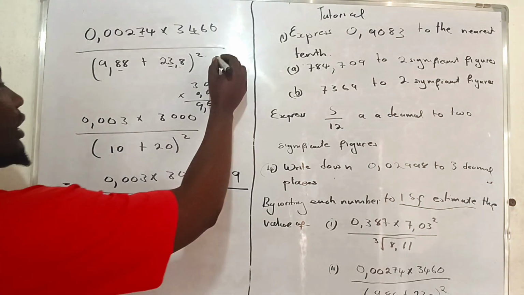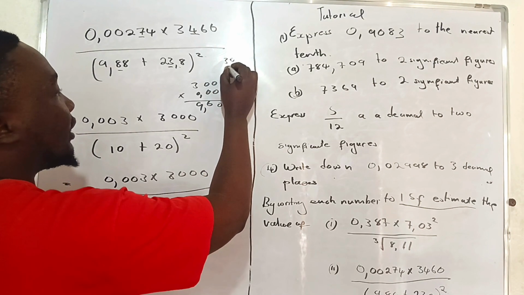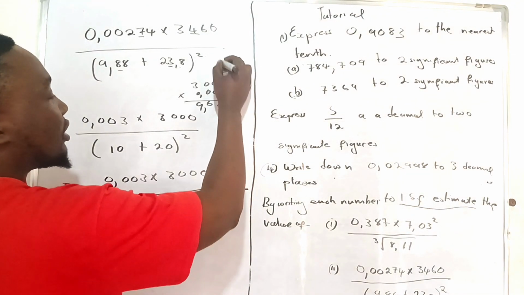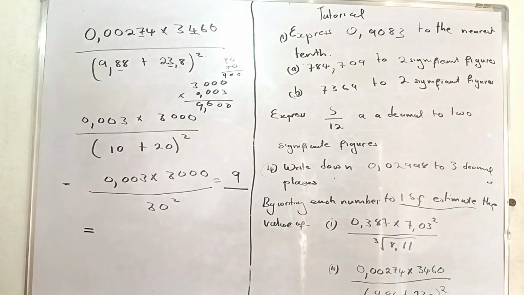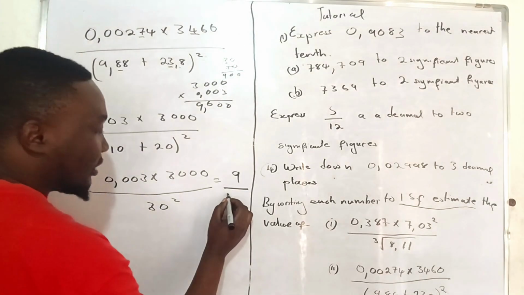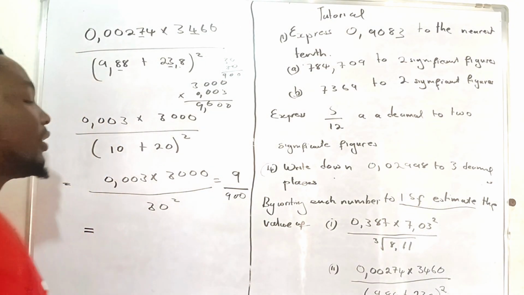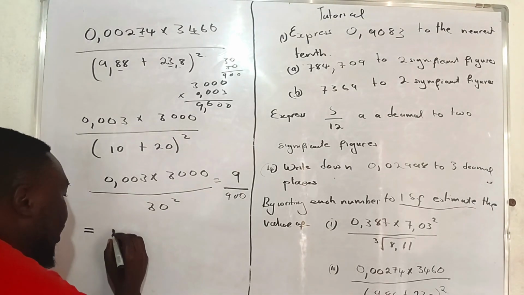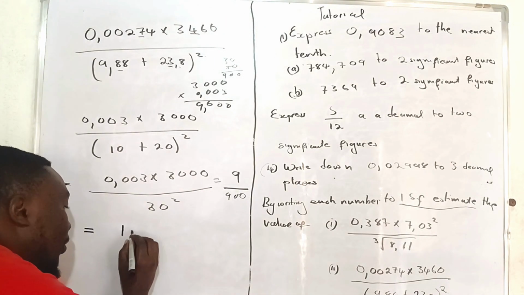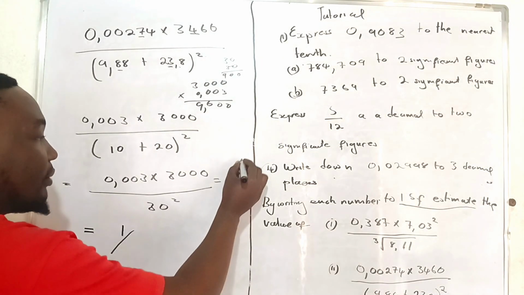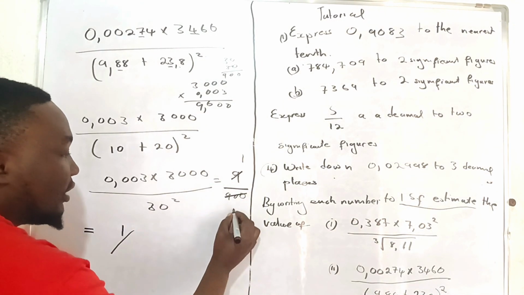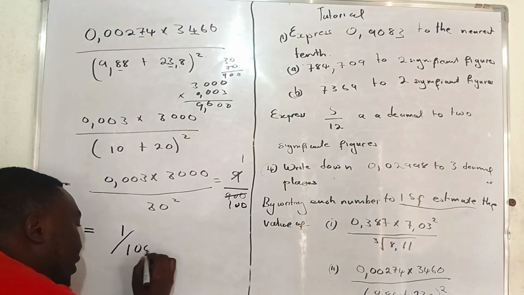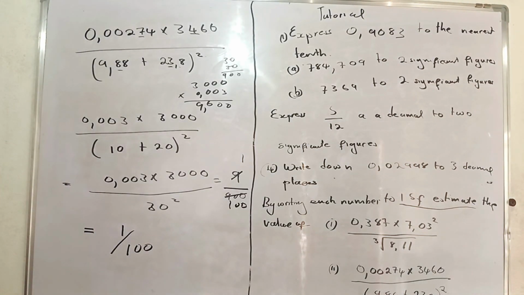When you multiply 30 multiplied by 30, you're going to get 900. So you write 900 here. So you have your numerator, your denominator, which is just going to be 1 over, so we divide 9 by 9, 1, we divide 9 into this one, 100. So 1 over 100.